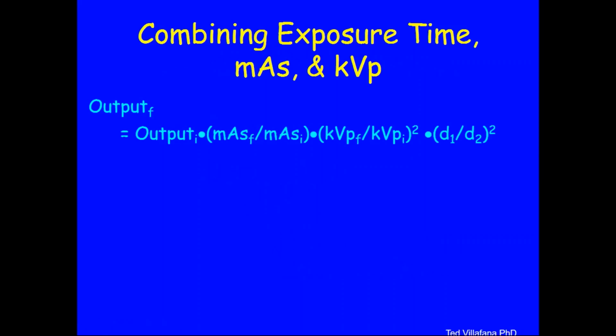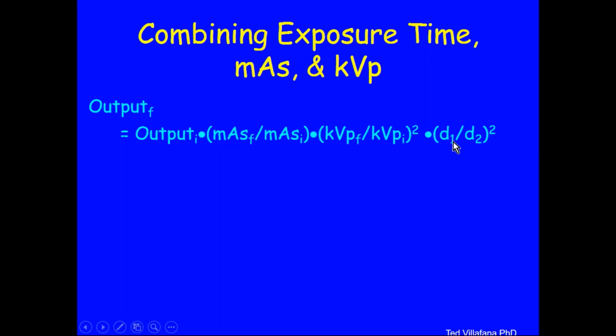And I had given you a little expression for finding the final output compared to the initial output. It goes as a ratio of the mAs, directly proportional: mAs final divided by mAs initial, and then you have your kVp final over kVp initial. Remember, the voltage is squared for output purposes.